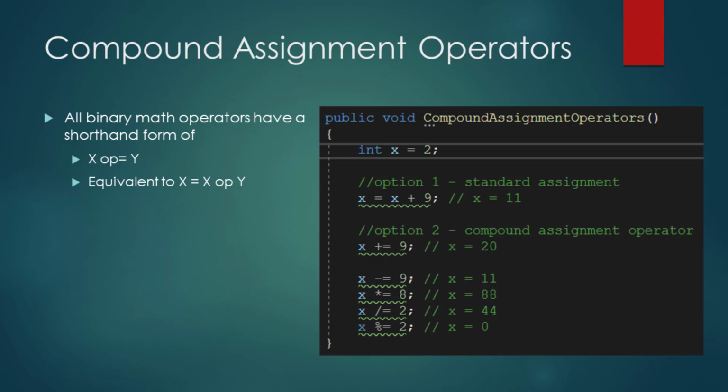We could write x equals x plus 9, and that certainly would accomplish the task, but that's a little cumbersome. Or we could write x plus equals 9, which is the shorthand way to add 9 to x. All of the binary operators can be used in this way, where operator equals and then some value to add, subtract, multiply, divide, or find the remainder of, and set it to the value of the variable.